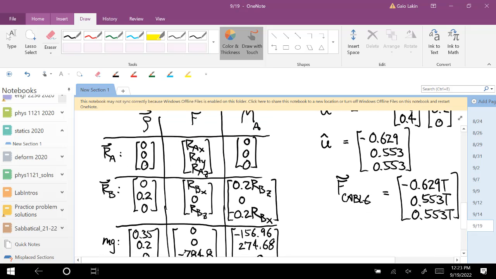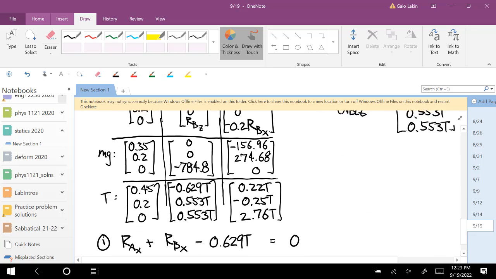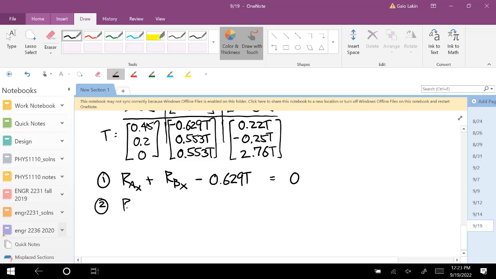And then the Y component says RAY plus 0.553T is equal to 0.